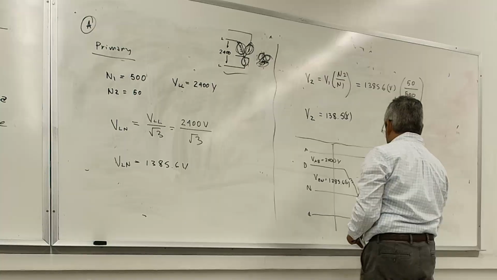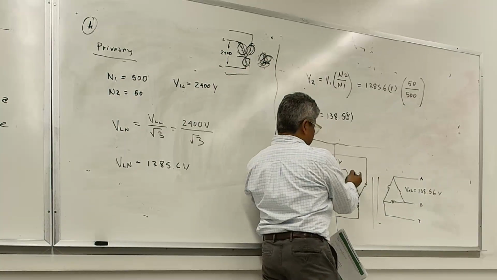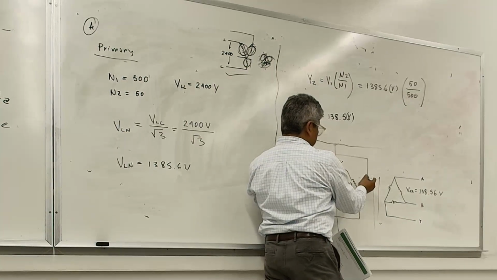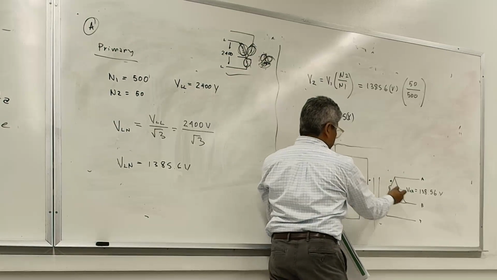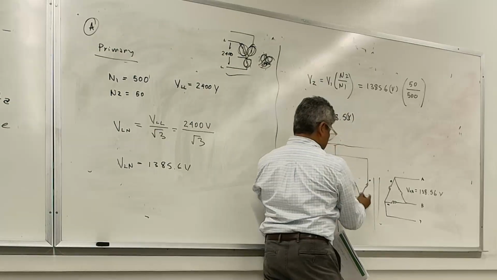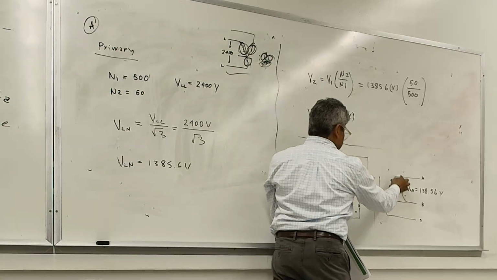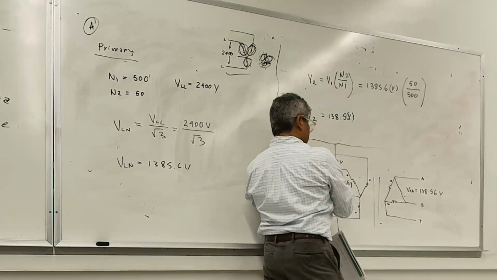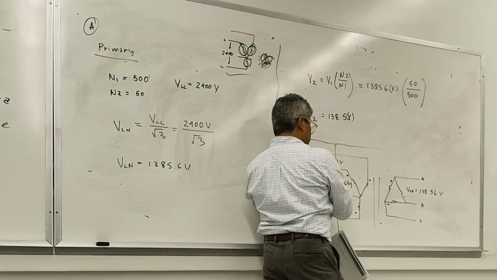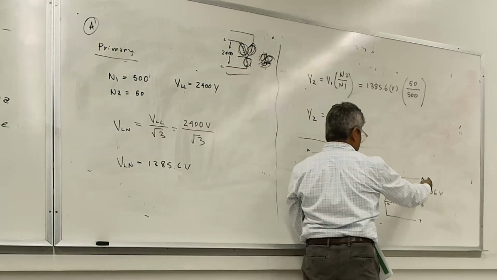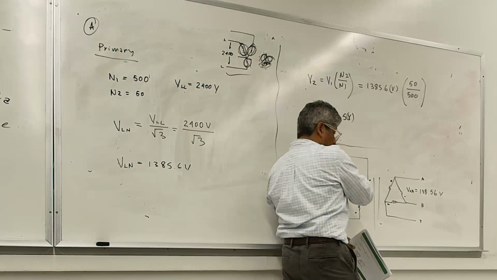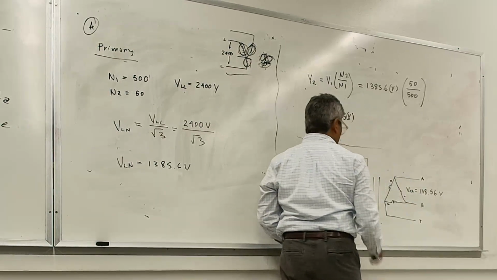This is coupled with this, and this is coupled with that. So on the primary, I have three voltages, and six windings to deal with, and three voltages right here.